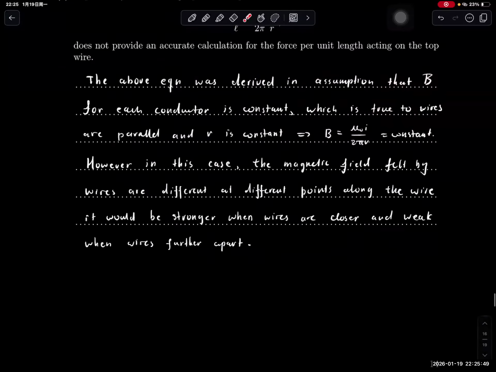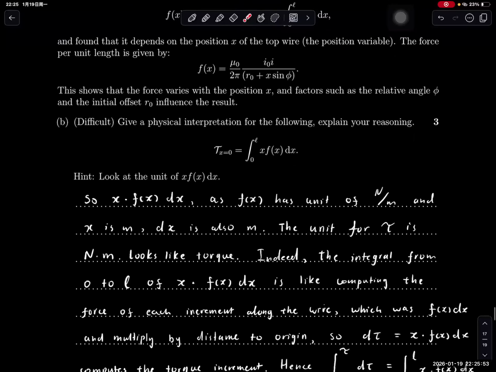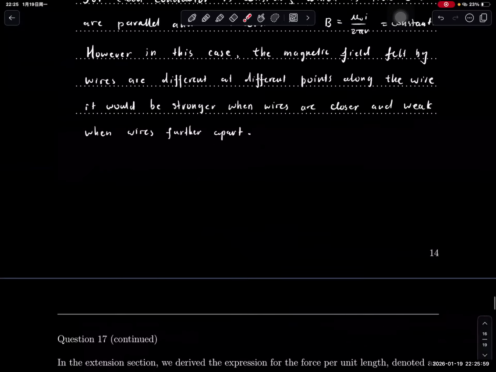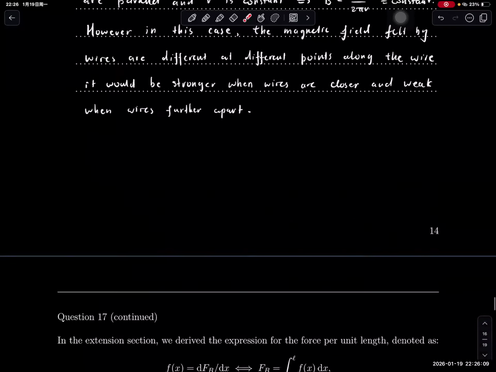So it's very constructively built up. This is actually calculating the total torque due to the difference in the force at each point. It's going to produce a torque. So actually, the top wire will rotate because this part experiences a larger force than this part. It's going to rotate this way.